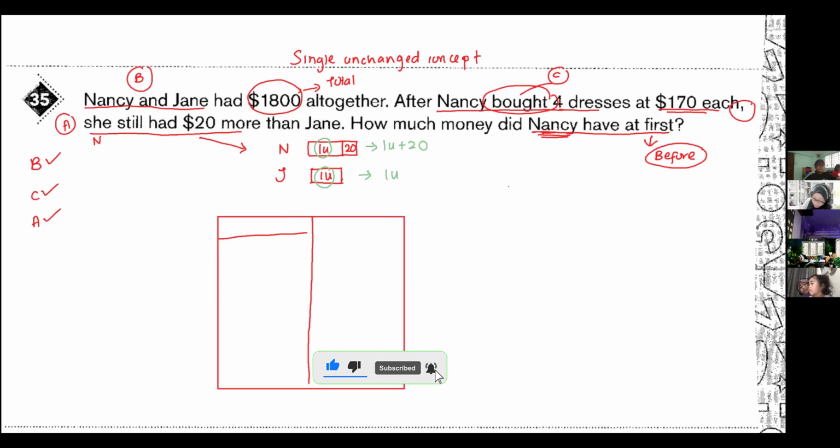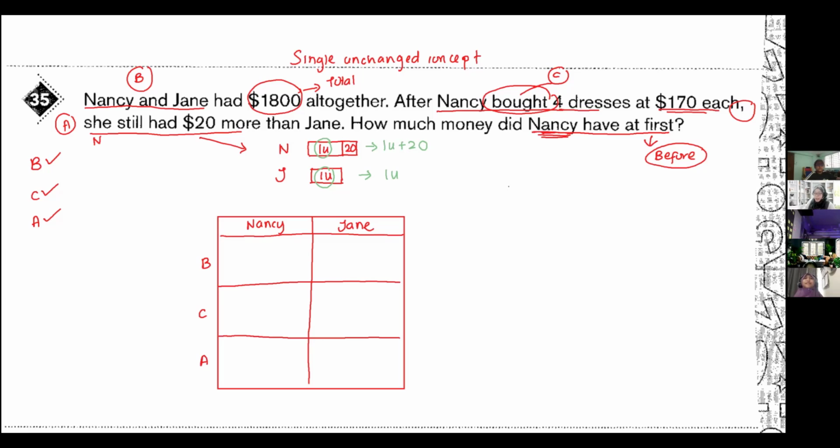Okay. Where I have Nancy and Jane. So here is Nancy. Here is Jane. And then I put my before, change, and after. All right. So then I cut it up into 3 different rows. Okay, now I can fill up the blanks.